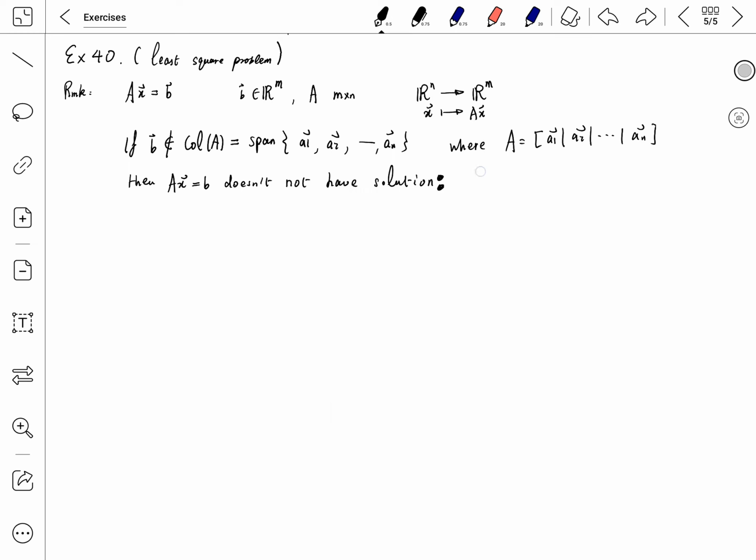Because what is Ax? Ax is just a linear combination of columns of A. Let's say if x is x1 to xn, by matrix multiplication, this is just x1 a1 plus x2 a2 plus xn an.